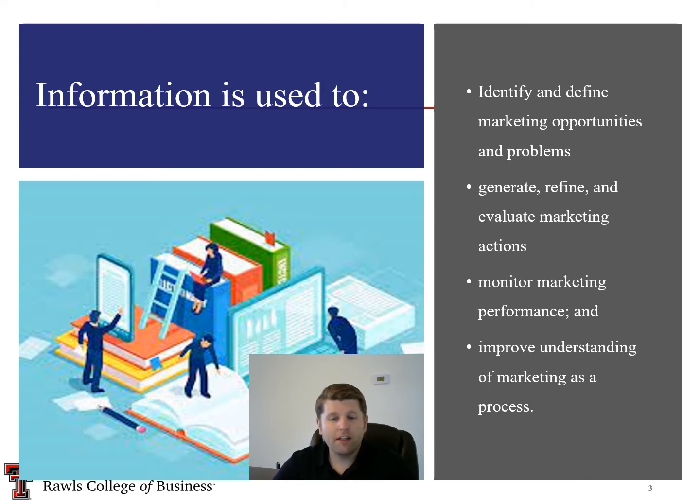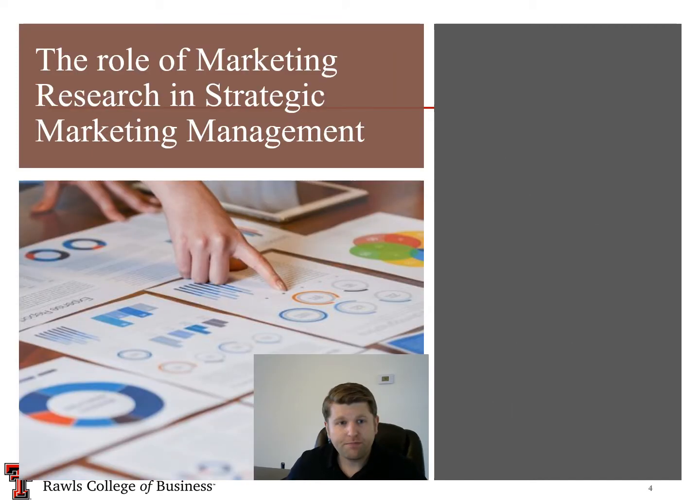We can do a lot of things with marketing research to ensure that we're providing the most optimal set of marketing activities to be the most competitive that we can be. And finally, it will help a firm have a better understanding of marketing as an entire process, not just the individual specifics. So information and marketing research, how we obtain that information, is extremely important for the firm.